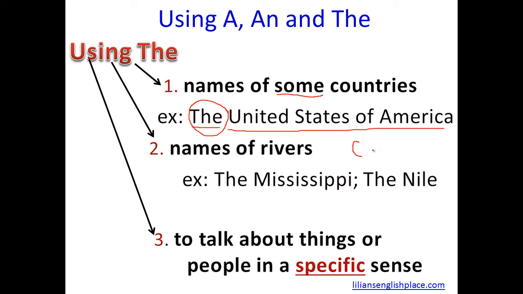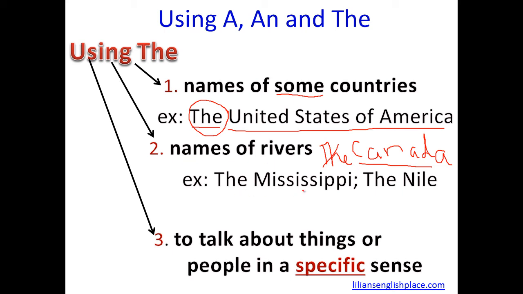So if you have a country like Canada, you cannot say the Canada. Oh no, it is wrong. It is wrong because the is not part of the name of the country Canada. So no the.